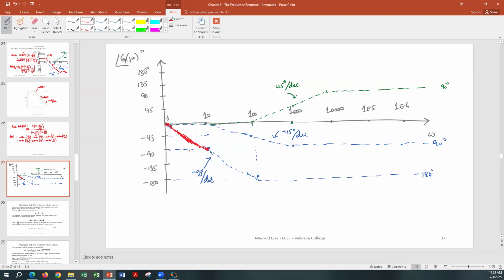Negative 135 and minus 90 is what? Negative 225, right? So it's going to go to negative 225. Actually, let me see, it's going to become a constant value as well. Negative 225 at 100.